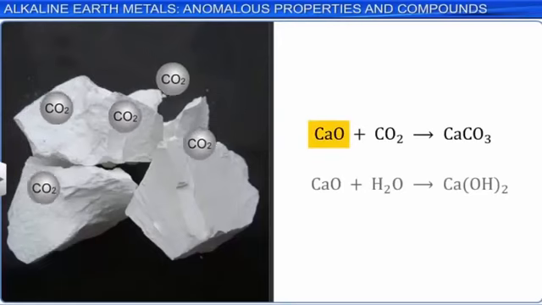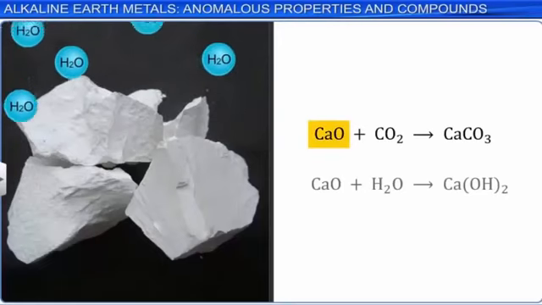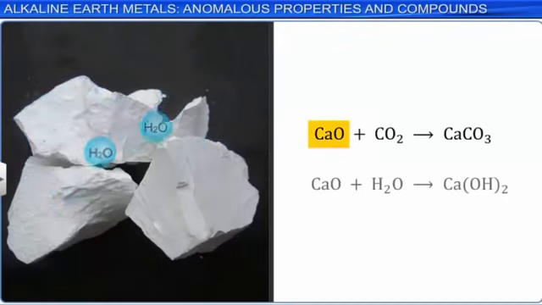Quicklime absorbs carbon dioxide and moisture from the air, as shown in these reactions. When carbon dioxide is absorbed, calcium carbonate is the product.